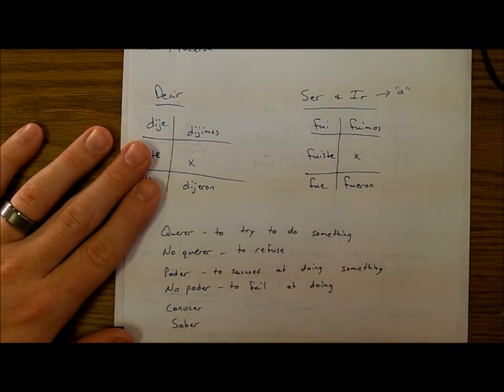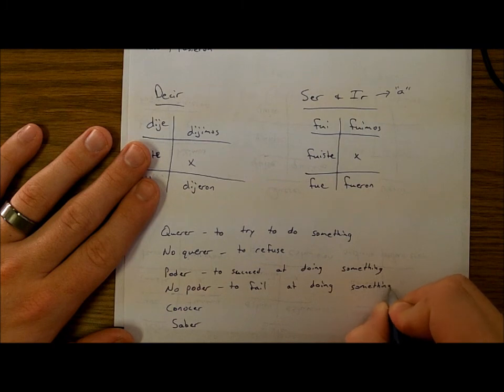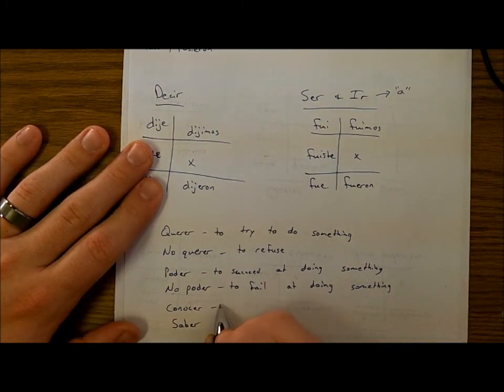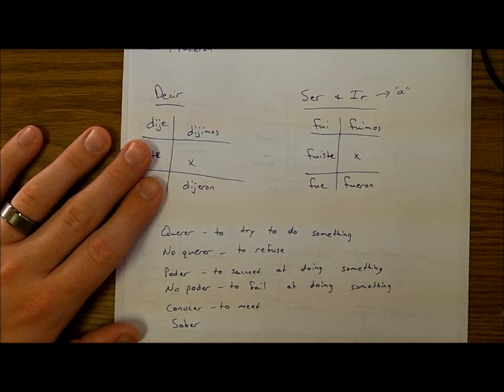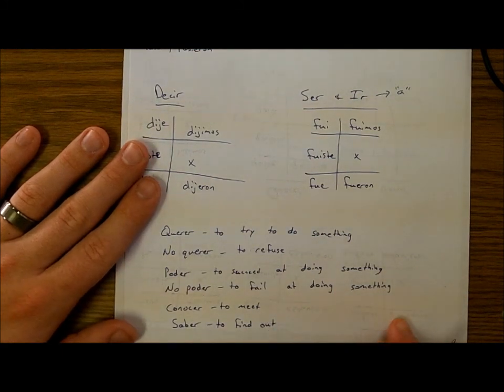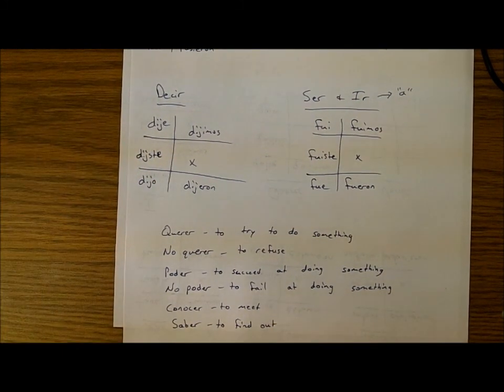Or as explained by some, you didn't manage to do something. Conocer means to meet, like you met a person for the very first time. And then saber, to find out. Like a piece of information about someone, about something. For the very first time you found it out, you didn't know it, and now you do.